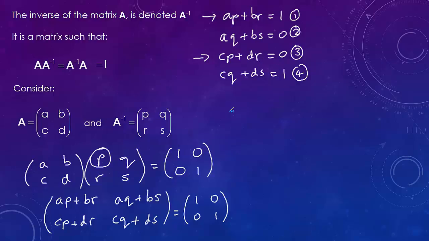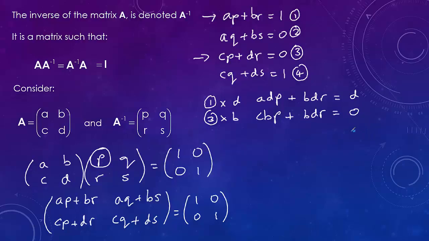So we need to get rid of R. If I do equation 1 and multiply that by D, I get ADP plus BDR is equal to D. And then multiply 3 by B, and then I get CBP plus BDR is equal to 0. Now we can get rid of R here.